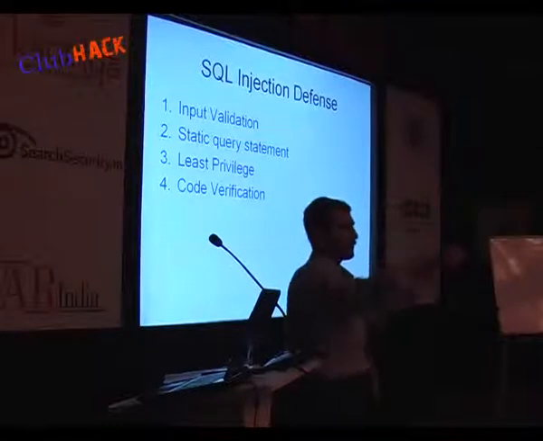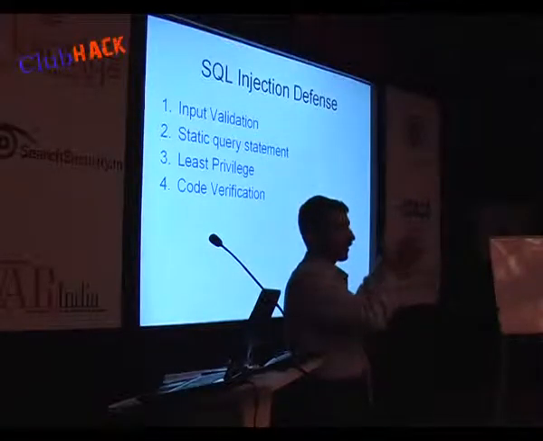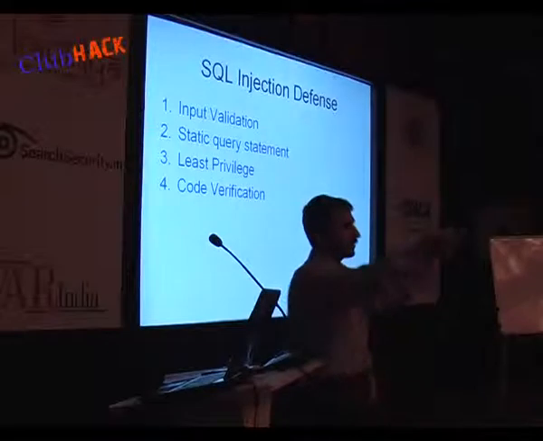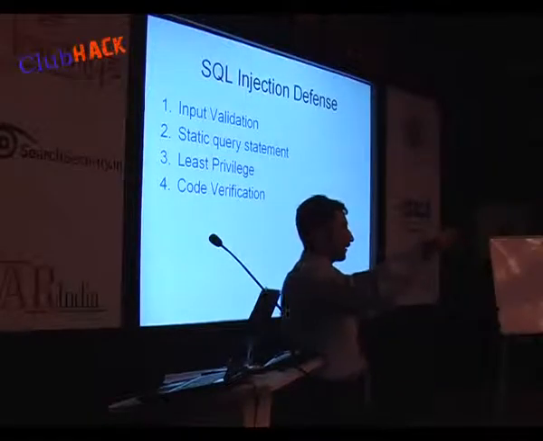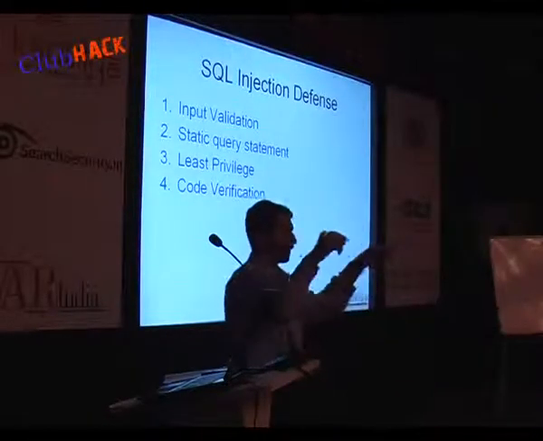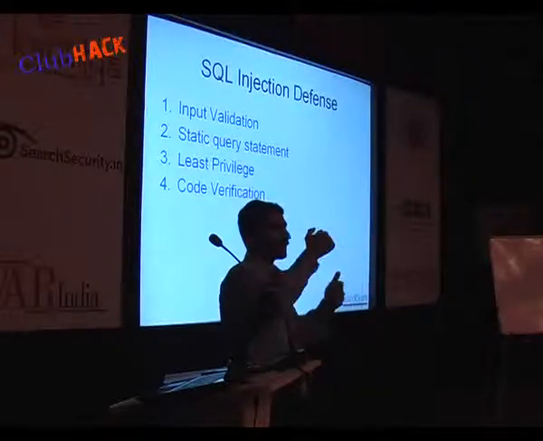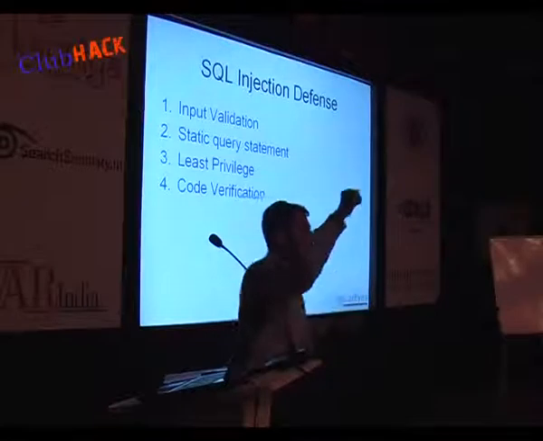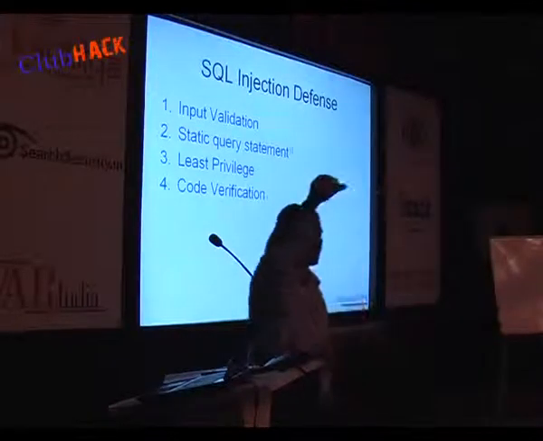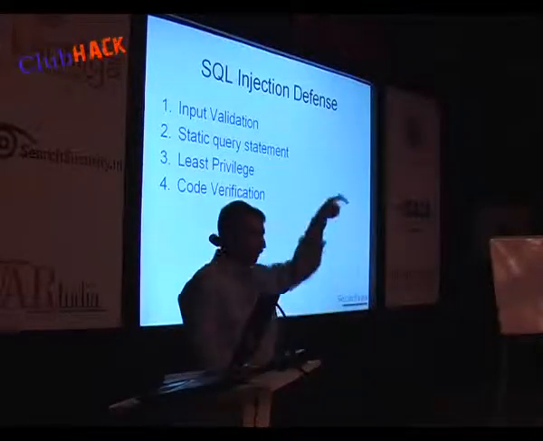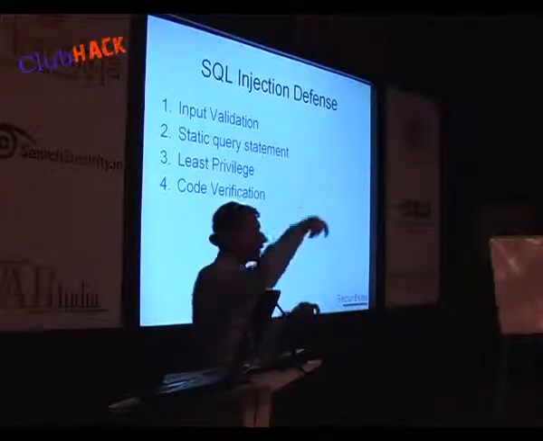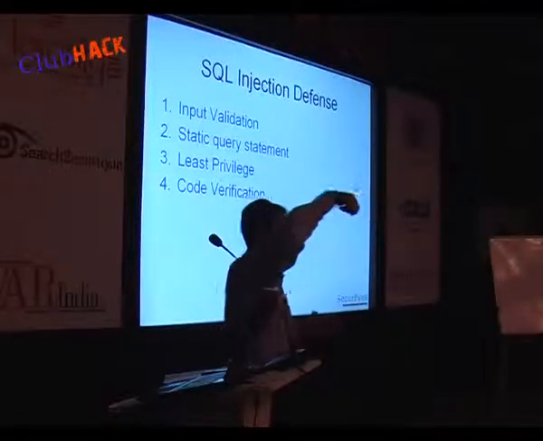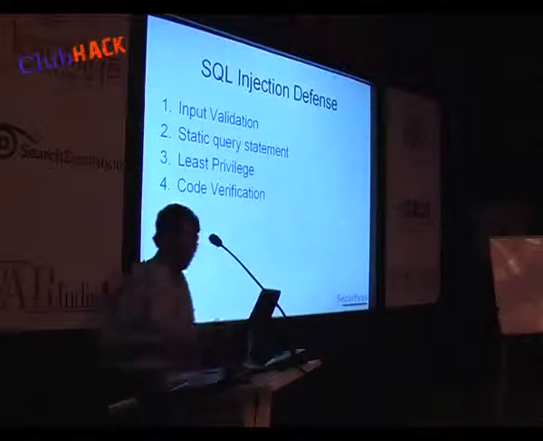What is sent to the database is not the constructed query, but the compiled query and the input got from the user. The database then replaces the placeholders and includes the user input. Hence, if you were to give quote or 1 equal to 1, the database will search for quote or 1 equal to 1 because it is now considered a literal or a constant. That is how a parameterized query works.